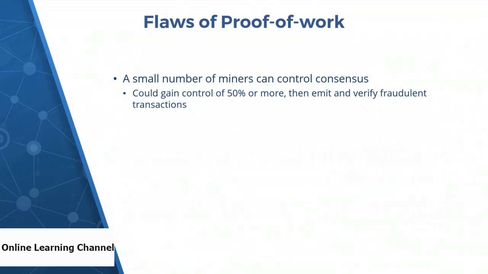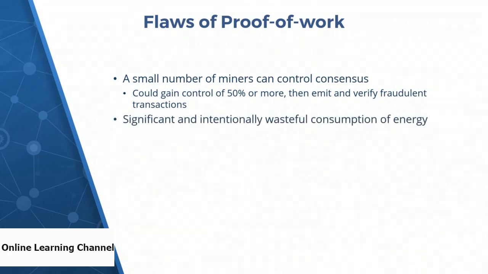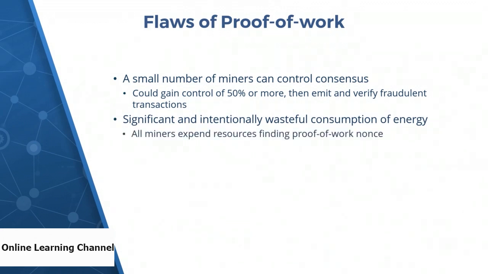Another huge problem with this proof of work consensus algorithm, and something which is ongoing, is its significant and intentionally wasteful consumption of energy. In the Ethereum network, all of the mining nodes will need to expend a lot of energy in order to find a valid proof of work nonce.